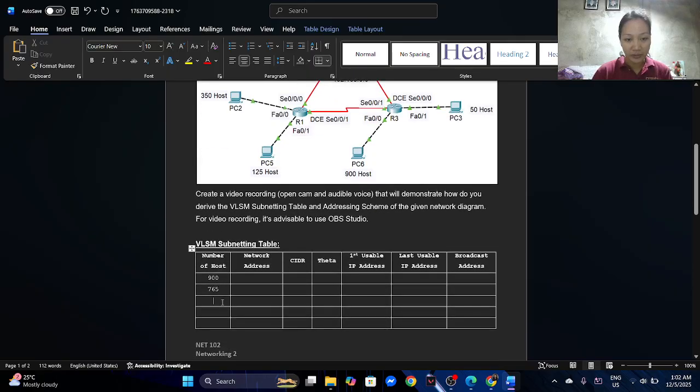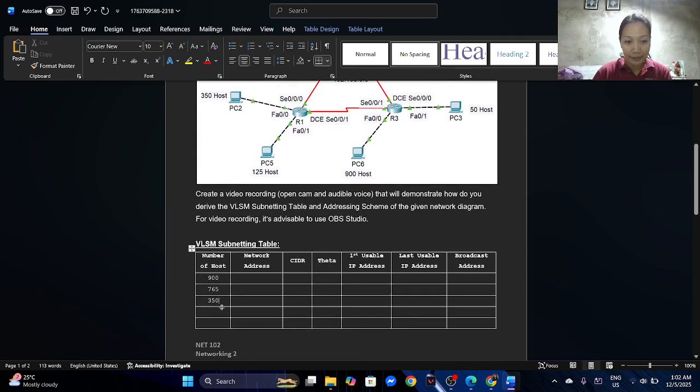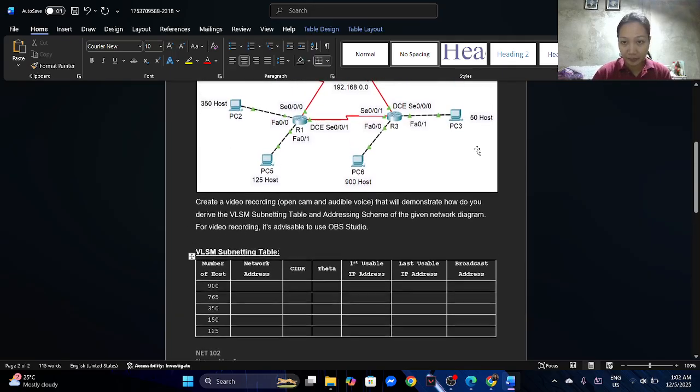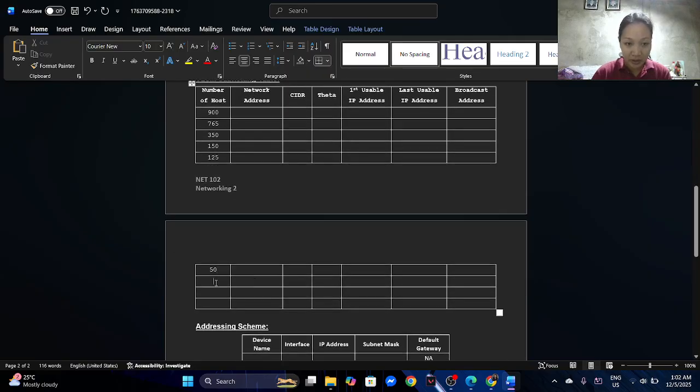Next is 350. Next is 150. Next is 125. And next is 50. So for routers 1 to 3, number of hosts is the same, which is 2.